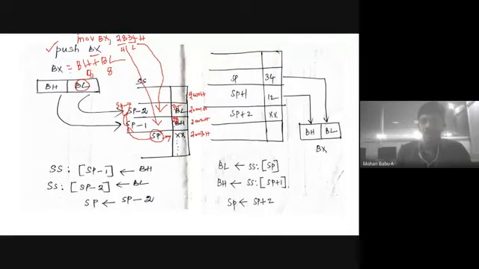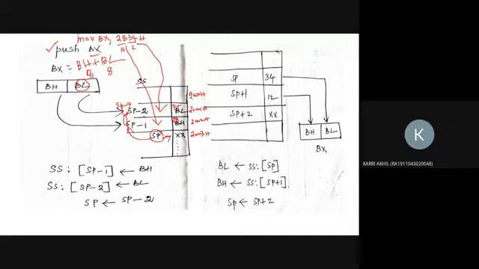Each memory location can store how many bits? 16 bits or 8 bits? 8 bits, sir. So one memory location holds 8 bits. So we cannot store the entire 16 bits in one memory location. What we will do is split the lower byte and higher byte and store them separately. Is it clear now?